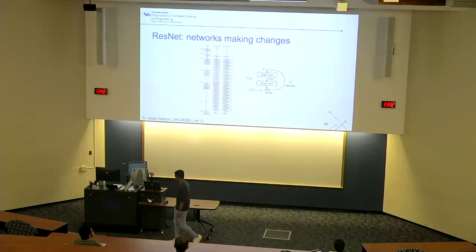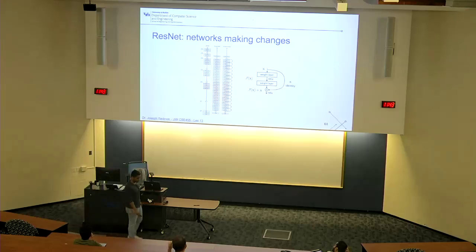And that's when someone came up with the brilliant idea of what they call residuals. So ResNet was introduced, and they introduced what they called skip connections. What this does is, in addition to whatever the output of a layer is, it also just passes along the input of that layer. That preserves a lot of information throughout the network in both directions.